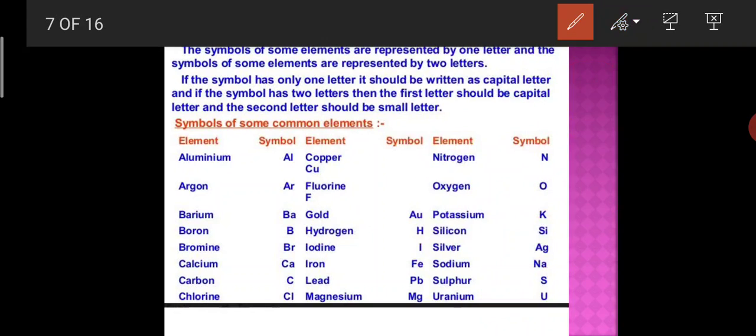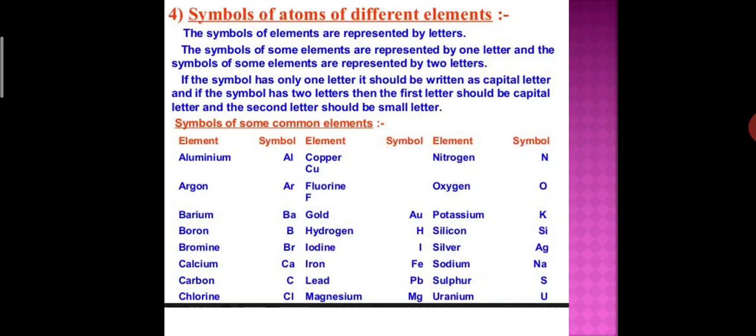Now students, in the beginning the names of the elements were derived from the names of the places where they were found.